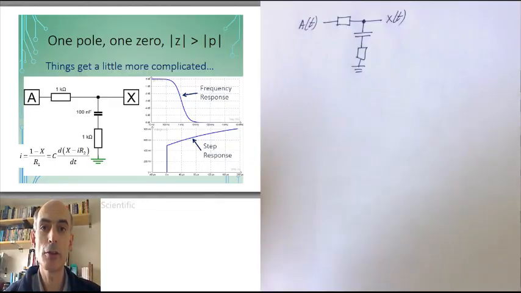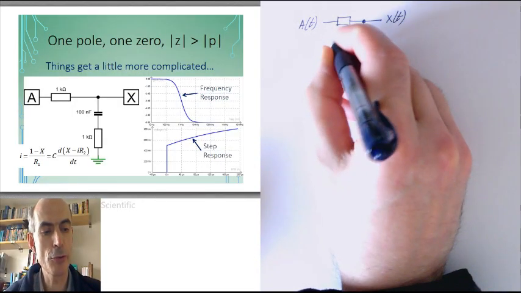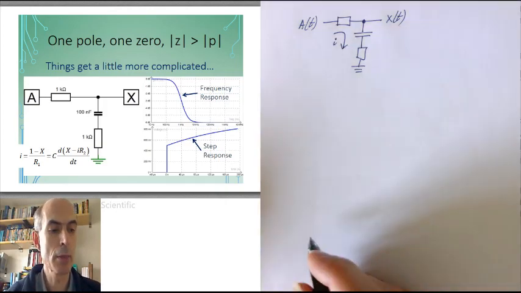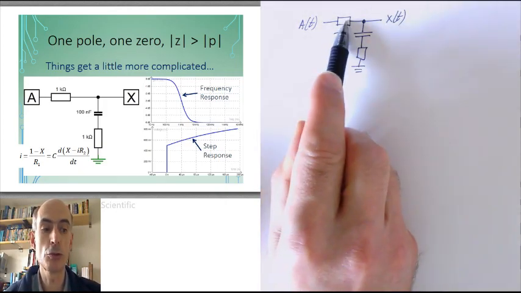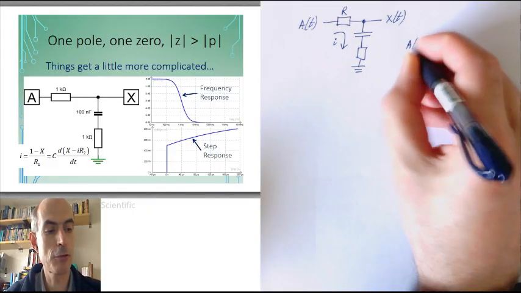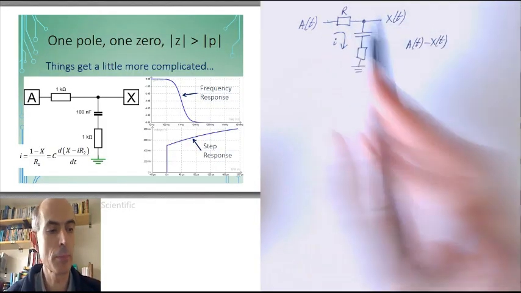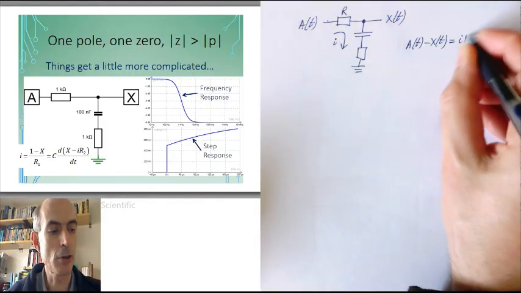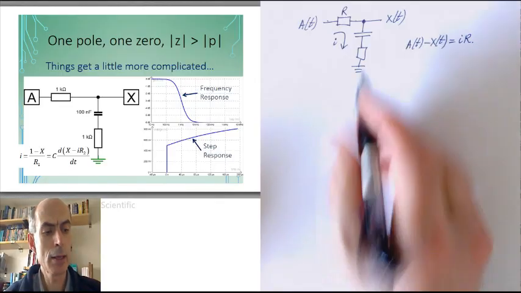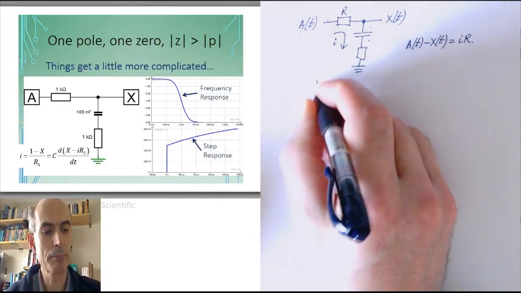We can analyze it using differential equations as before by letting the current through the network be I, and noting that applying Ohm's law to this resistor here would give us that a of t minus x of t, that's the voltage across this resistor, is equal to I times R. Now the voltage across this capacitor, I'll call that VC.